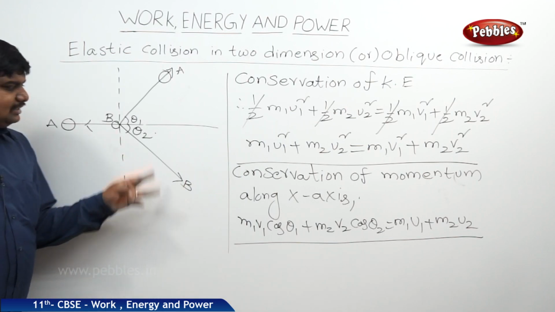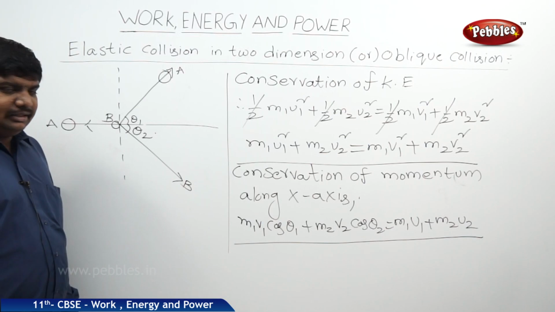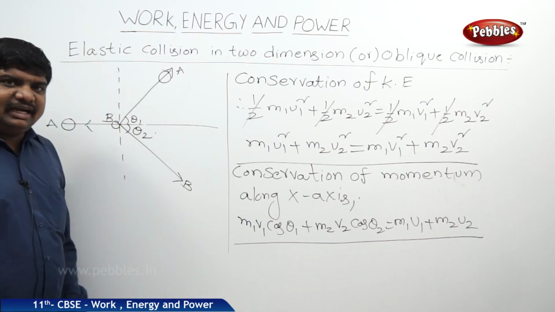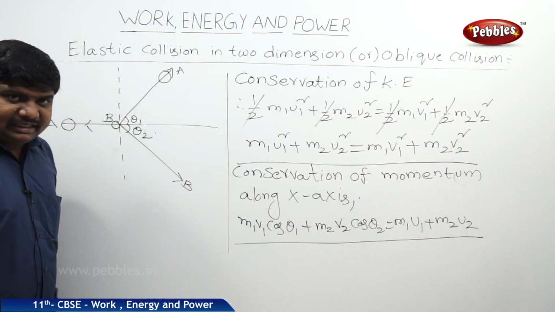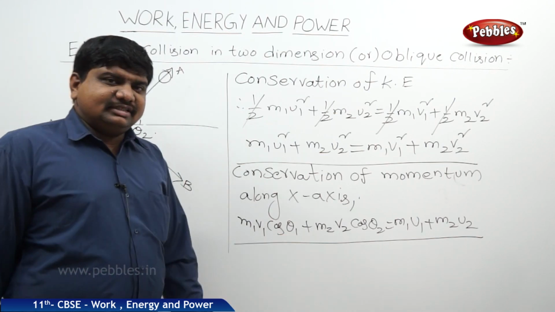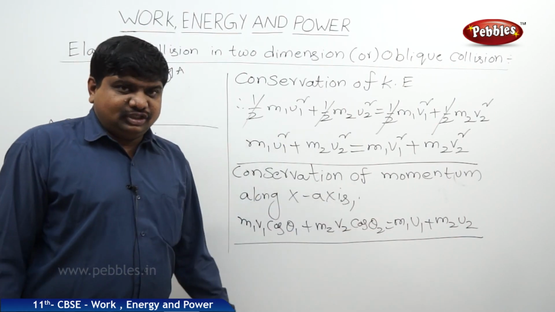If you see the y-axis, if the x-axis component is cos, automatically the y-axis will become sine. But here the separation is exactly opposite to each other. Here it is oblique, here it is exactly from 0 to 180 degrees. Therefore, we will get m1 v1 sin theta 1 minus m2 v2 sin theta 2 is equal to 0.